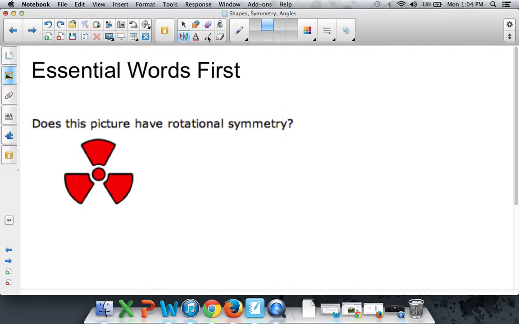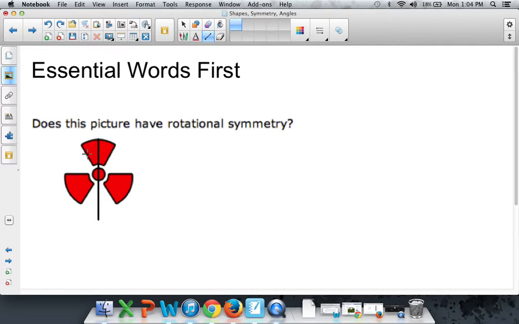Symmetry is whenever you draw a straight line down the middle. I'm going to do my best right now. And that wasn't quite it. Darn it. I wish I was better at drawing straight lines. But it's when you draw a straight line down the middle, and then whatever you have on both sides of the line is the same.